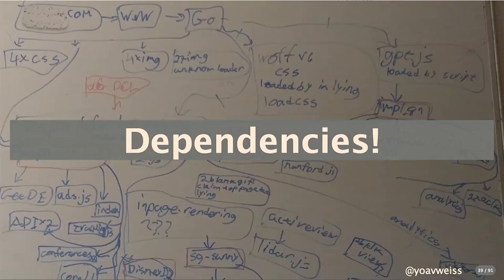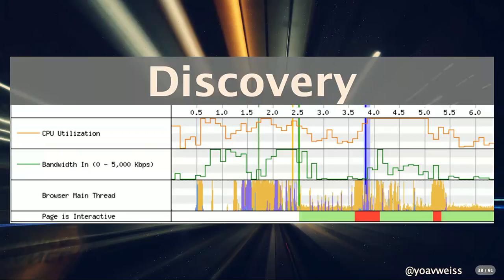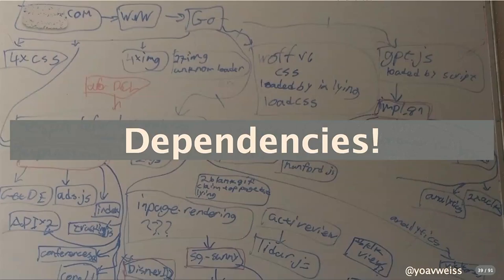This is a sketch of a dependency tree that I was sketching out on a whiteboard one afternoon, trying to figure out where things happen, actually on the same site that had this pattern, where you can see the bandwidth pattern here contains many holes. So we have very complex dependency trees, and we have trouble filling the bandwidth pipe in many cases.